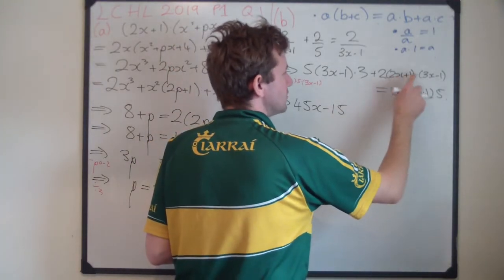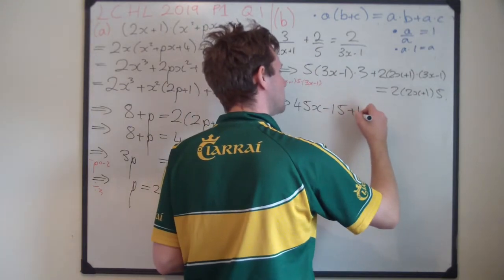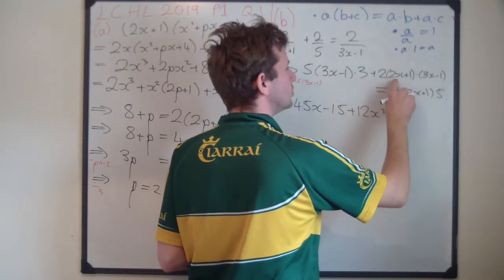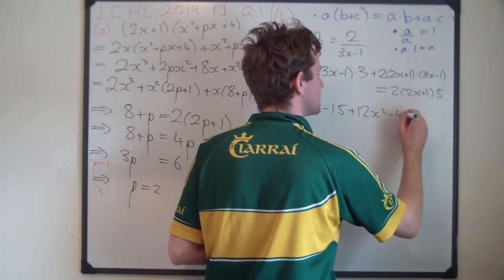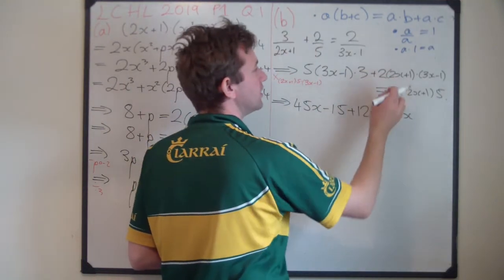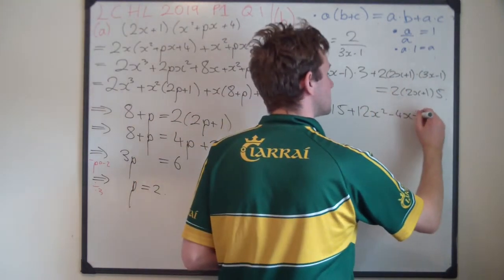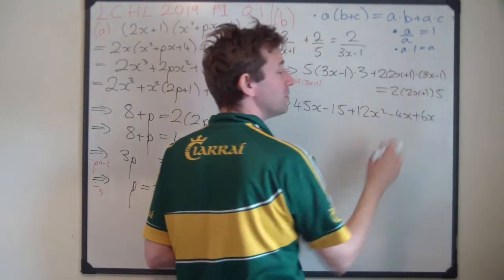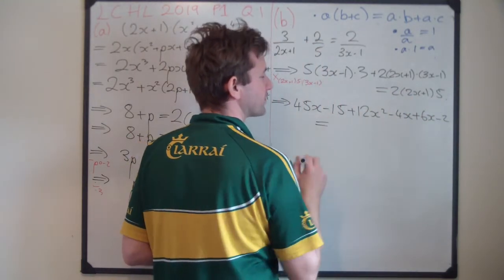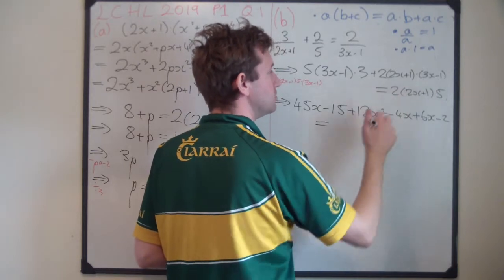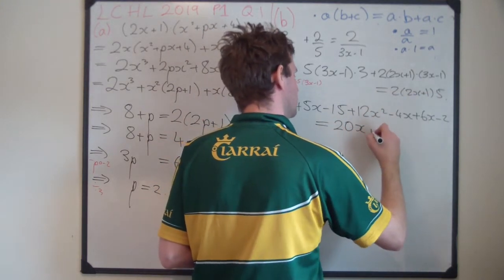So 2x by 3x is 6x squared, by 2 is 12x squared. 2x by minus 1 is minus 2x, then by 2 is minus 4x. Then 1 by 3x is 3x, by 2 is 6x. And finally 1 by minus 1 is minus 1, by 2 is minus 2, equal to 2 by 5 is 10, by 2x is 20x. 2 by 5 is 10, by 1 is 10.